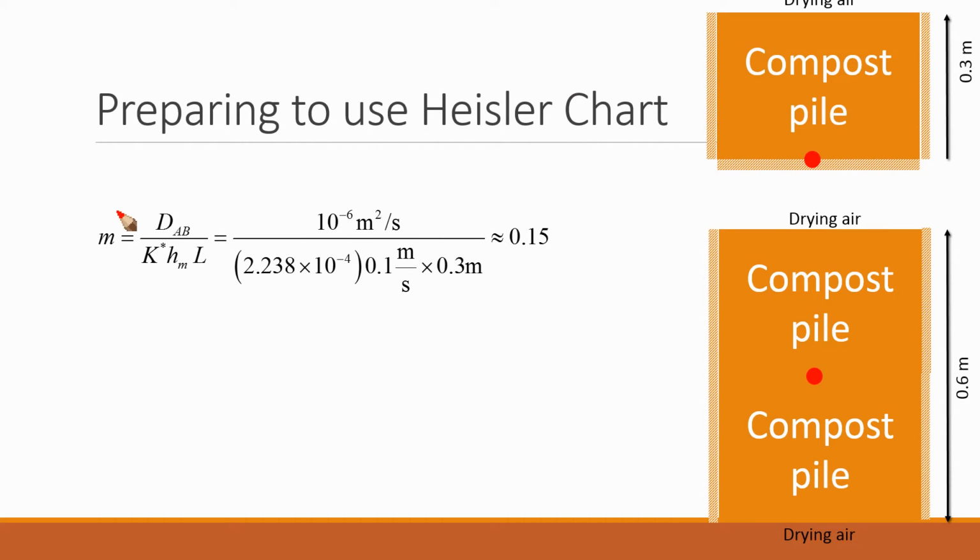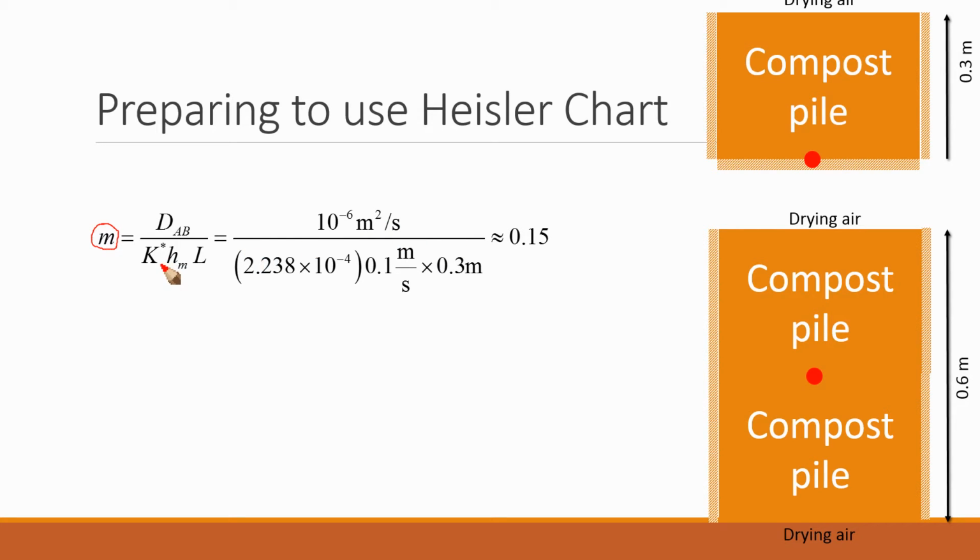As we start to compute m, note m is given by these quantities. Diffusivity is given, and it is diffusivity of moisture in the air in the compost, not moisture through the solid, but through the air space in the compost.